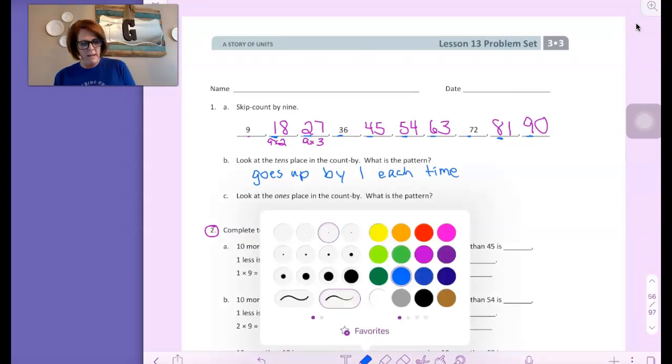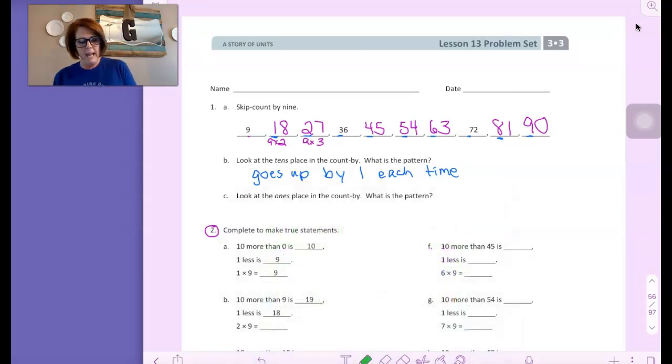And what is the pattern? We have 8, 7, 6, 5, 4, 3, 2, 1, 0. That's right. It goes down by 1 or decreases by 1 each time.